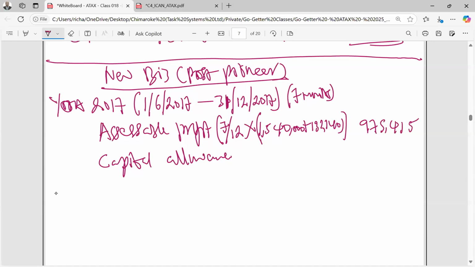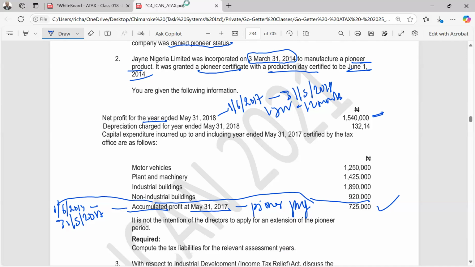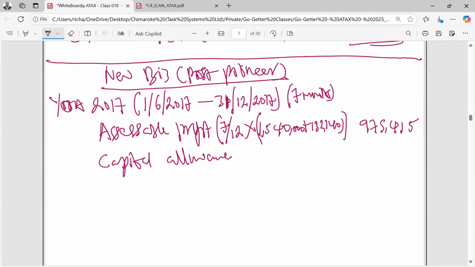$975,415. Now your capital allowance, we are going to take all these assets here as being purchased on the first day of the new business. So I'm going to look at them: motor vehicle, plant and machinery, industrial buildings, non-industrial buildings.